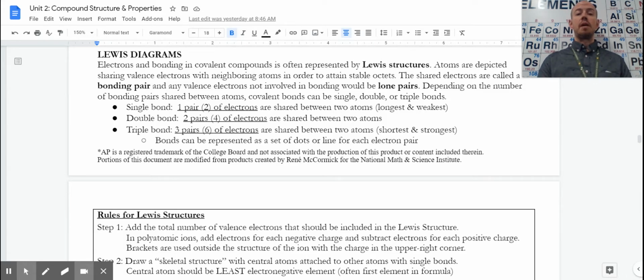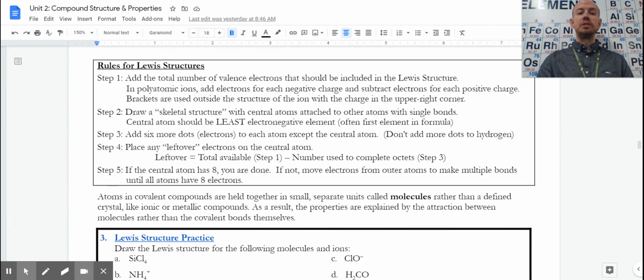Most of the time, we represent the bond as a line or 2 lines or 3 lines, but you will sometimes see on the AP exam them depicted as dots between 2 atoms. So anytime we have a line or dots between atoms, we would assume that those are shared. Dots that are on the outside of an atom or not between them, those are our lone pairs.